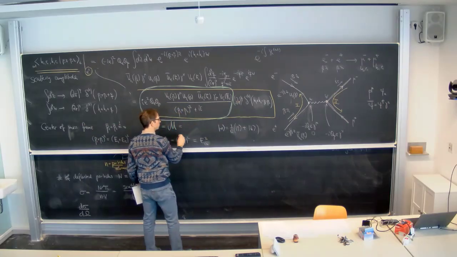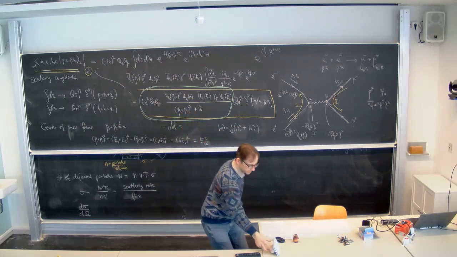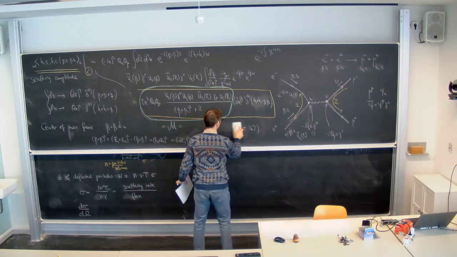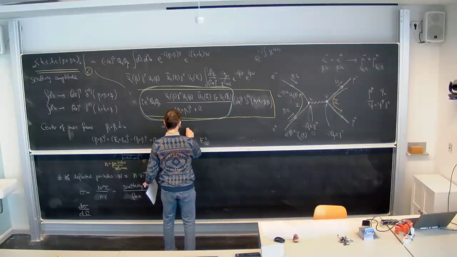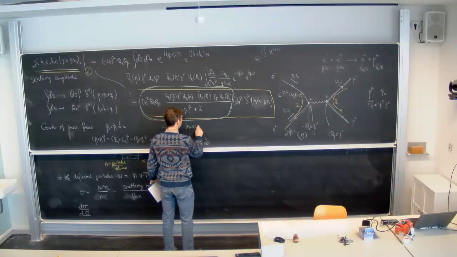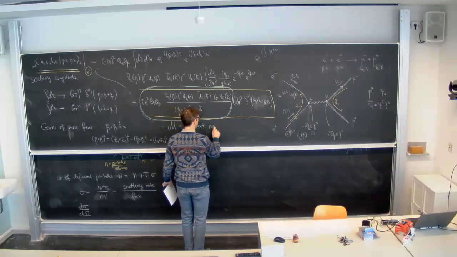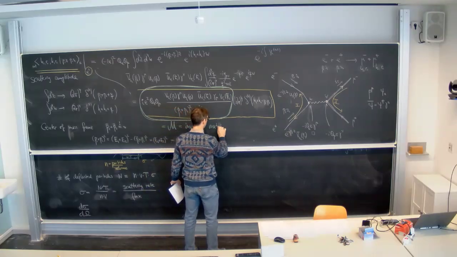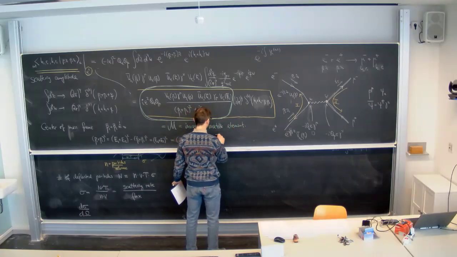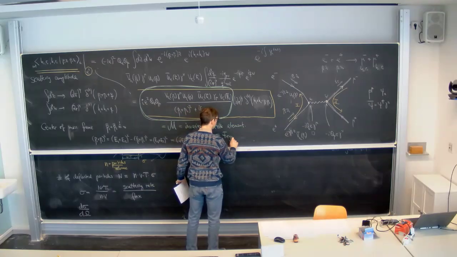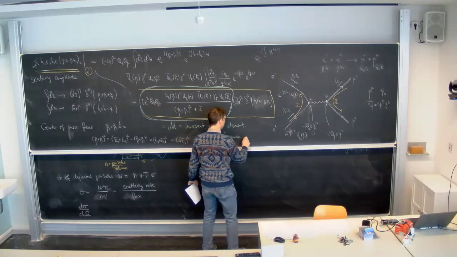And that is called, I don't know, this is the worst name. I don't even want to say it. But you will find it in the book. It's the invariant matrix element. In other books you find it's the Feynman amplitude, which is a bit nicer.